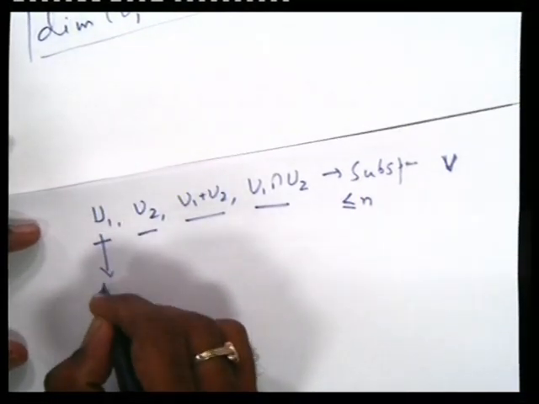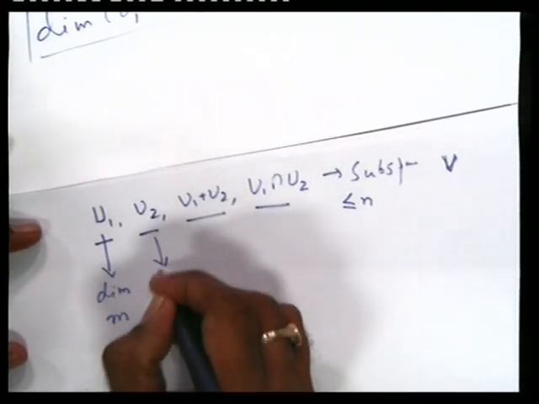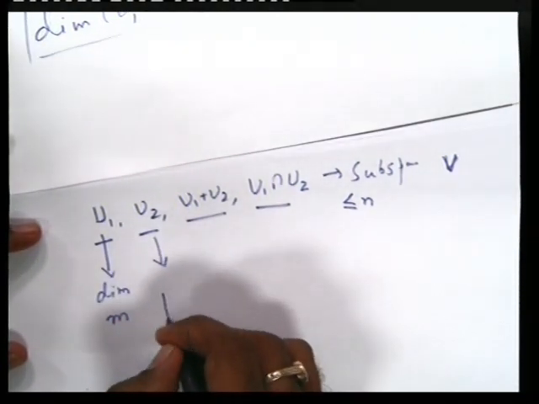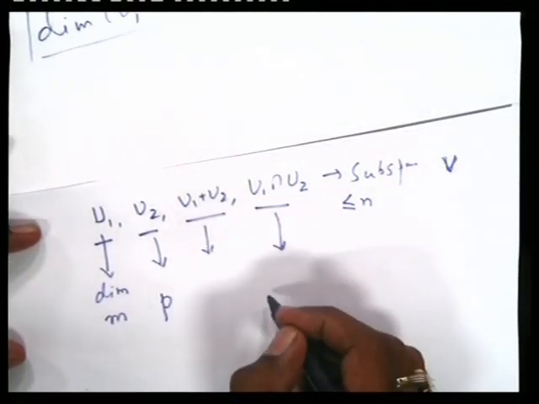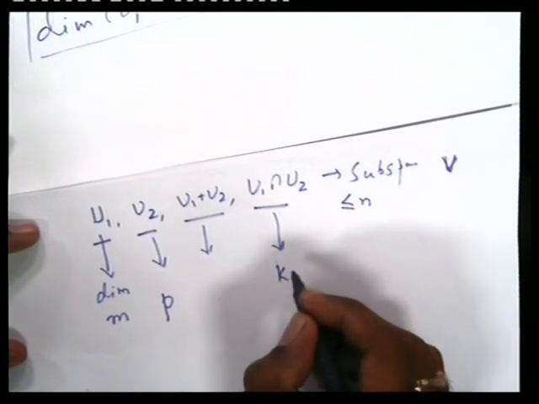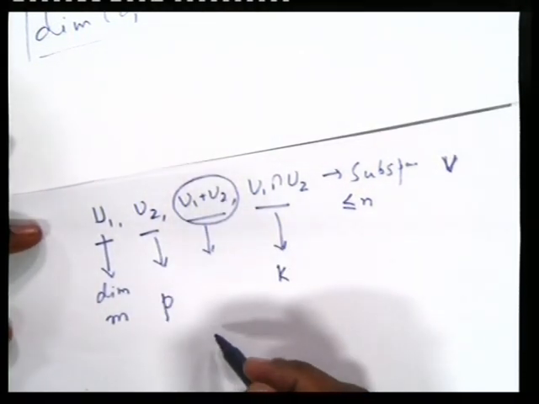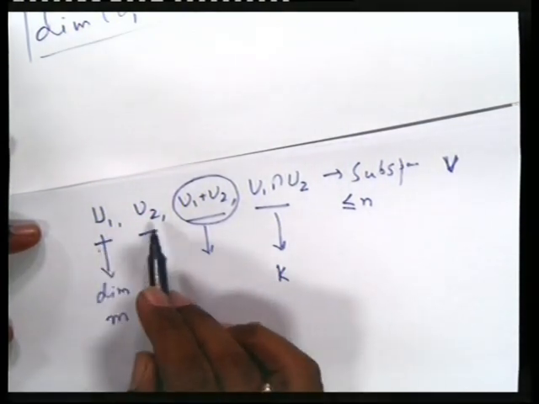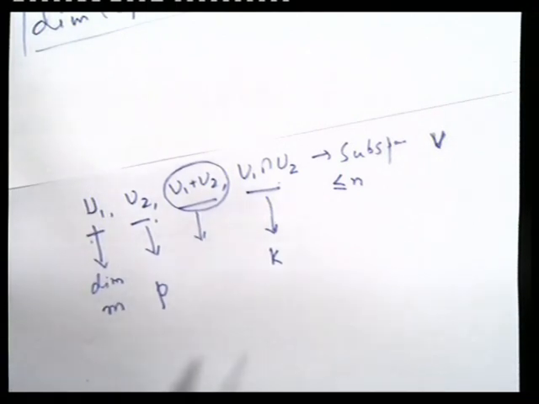Say the dimension of U1 is equal to m, the dimension of U2 is equal to p, and the dimension of U1 intersection U2 is equal to k. Then we have to show that the dimension of U1 plus U2 is equal to the dimension of U1 plus the dimension of U2 minus the dimension of U1 intersection U2.